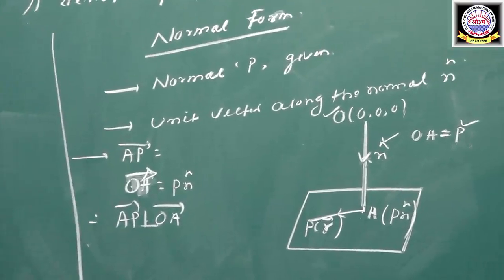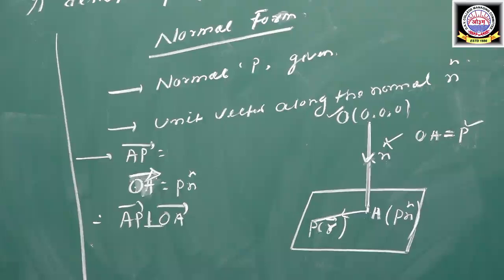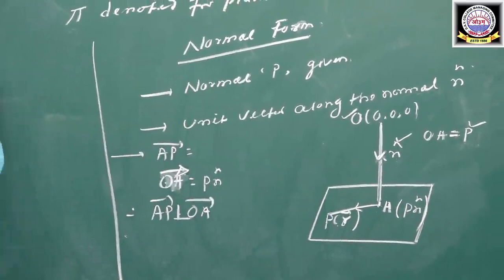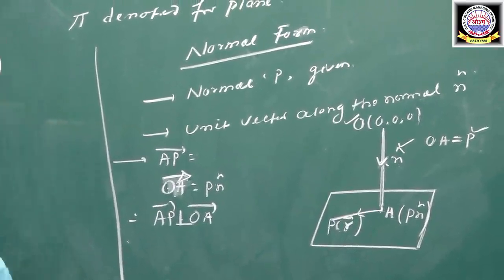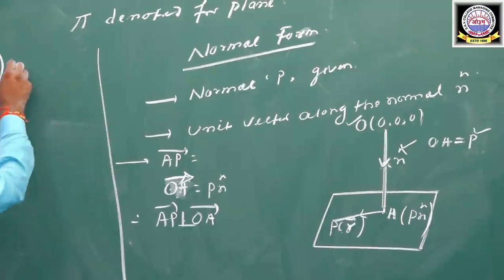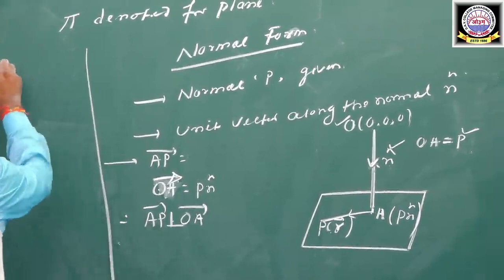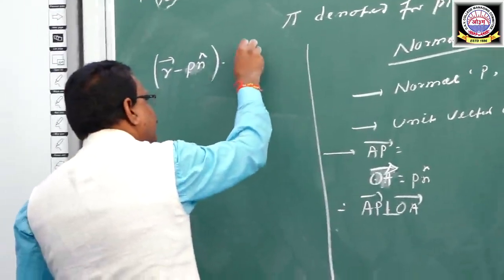So the AP vector is R vector minus A vector, which is R minus P n cap. R minus P n cap dot the OA vector, which is already P n cap, equals 0.